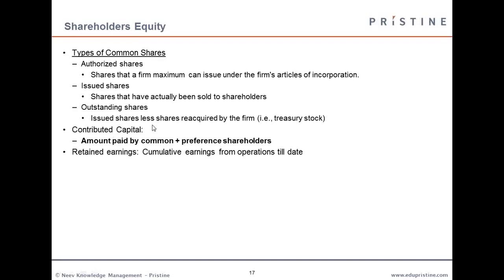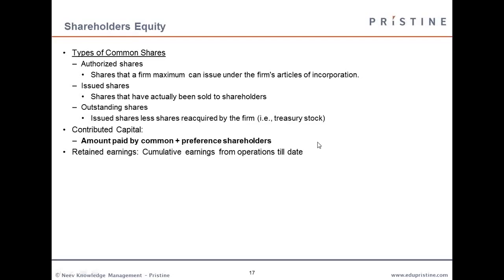Now, contributed capital is the amount contributed by common and the preference shareholders. The difference is that in case of preference shareholders, they have certain rights and privileges, and the basic meaning of preference shareholders is they are given preference when you liquidate the company.